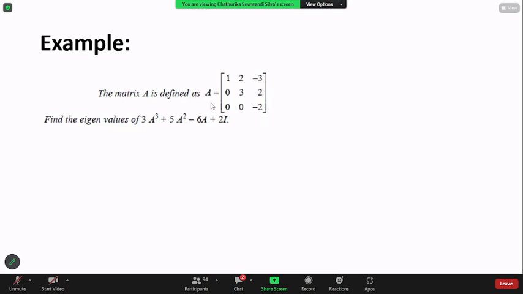Right. So now the dimension of A is 3 by 3, a square matrix. If A is a 3 by 3 matrix, what is the dimension of A to the power 3?